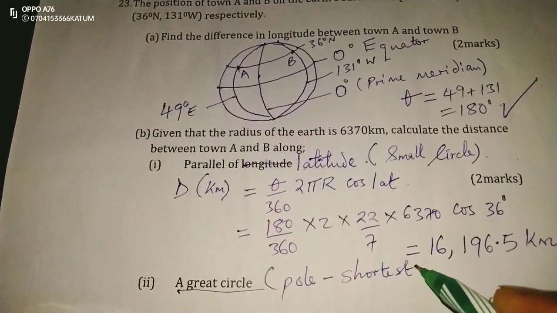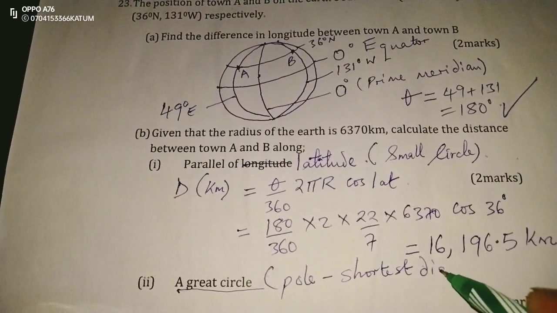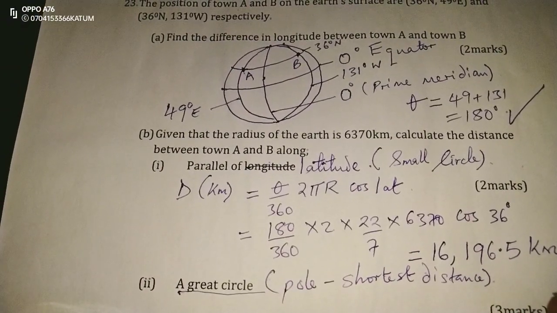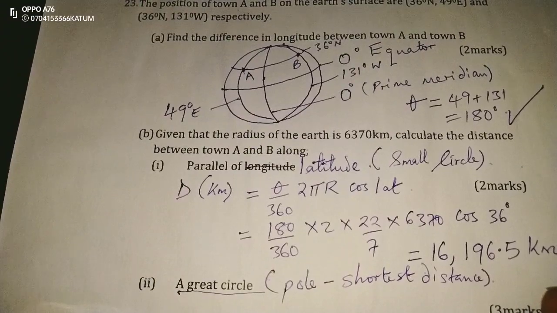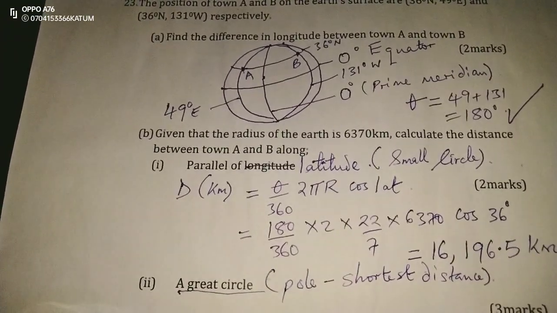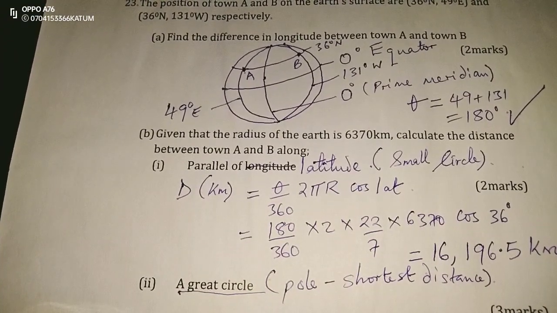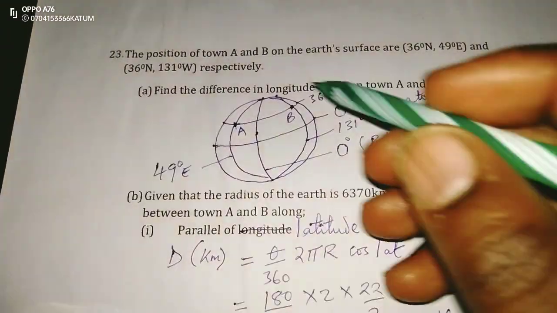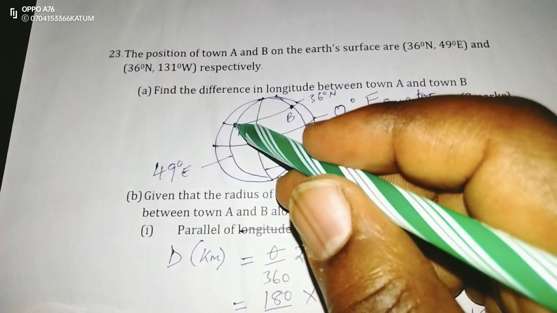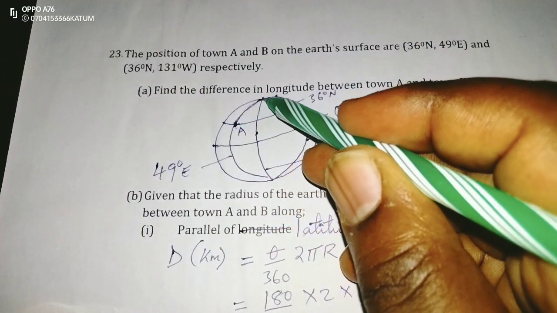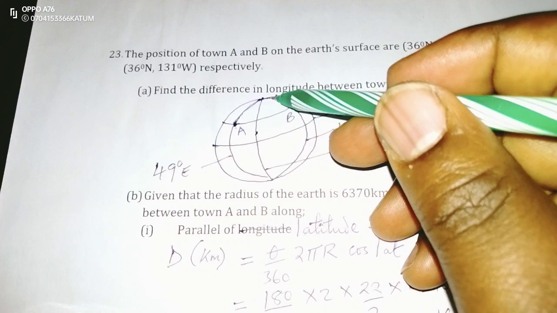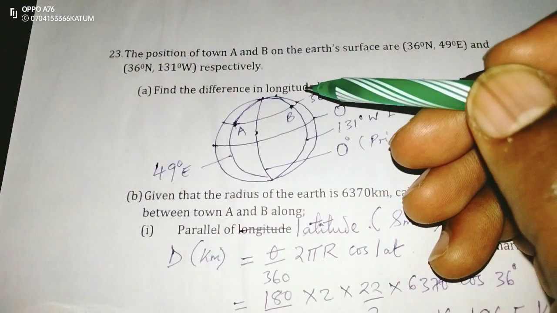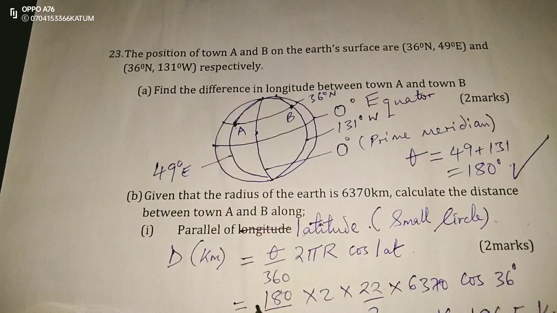In a different language, you could have been told to calculate the shortest distance. So the shortest distance in this case is going to be along the pole, and that is the North Pole for this case. So from A, along the pole, then down through the other longitude to B, that is a great circle, and that is the shortest distance.